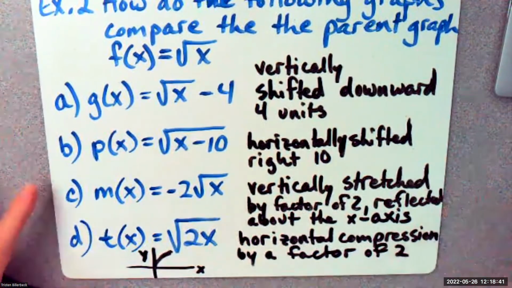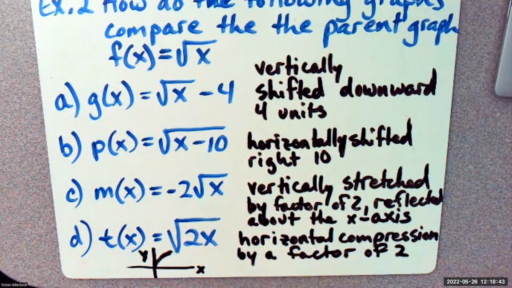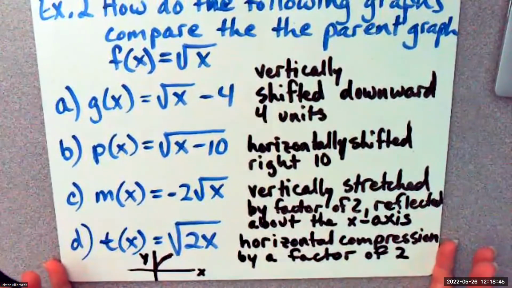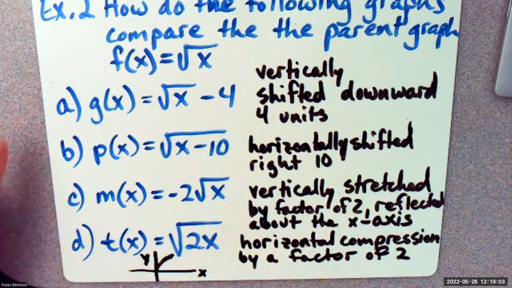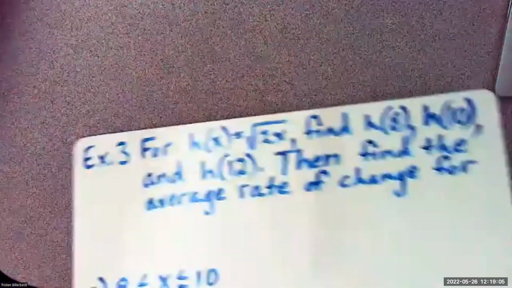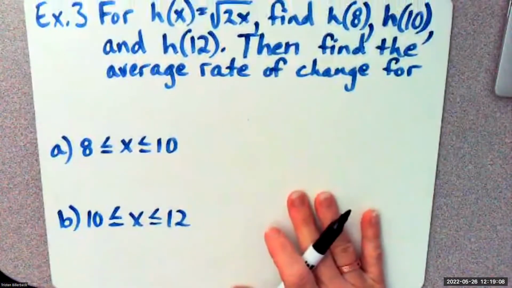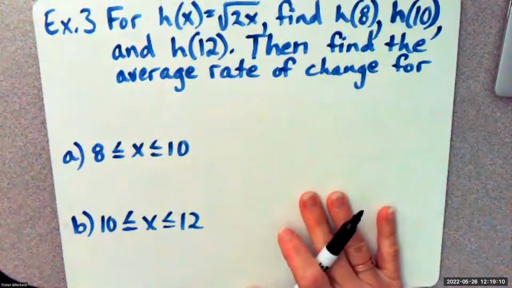Depending on what your author and your book are saying, this could be a vertical stretch, but normally when the 2 is in the grouping symbol and associated with the x, it's associated with the x-axis, which would mean that's a compression.